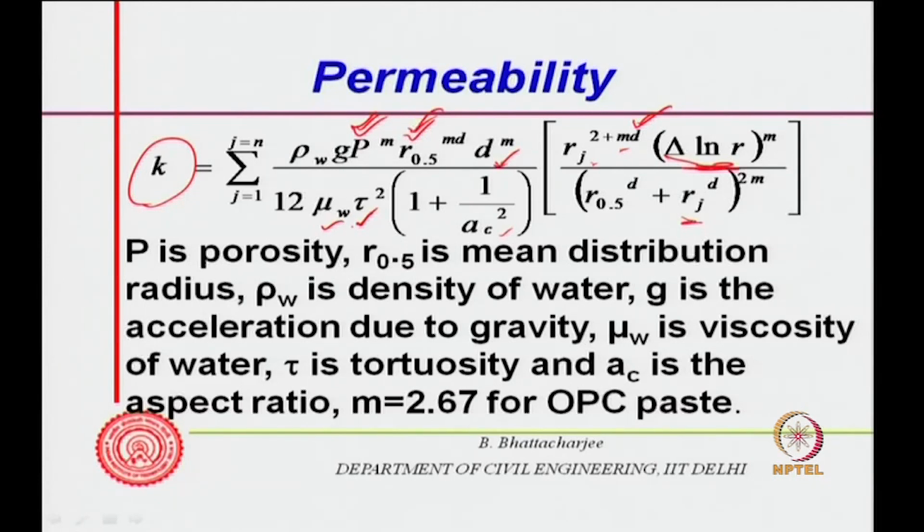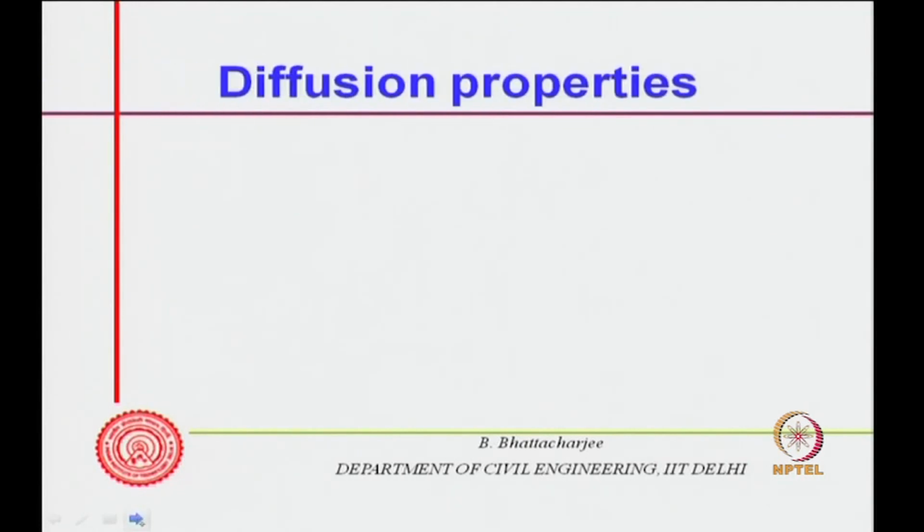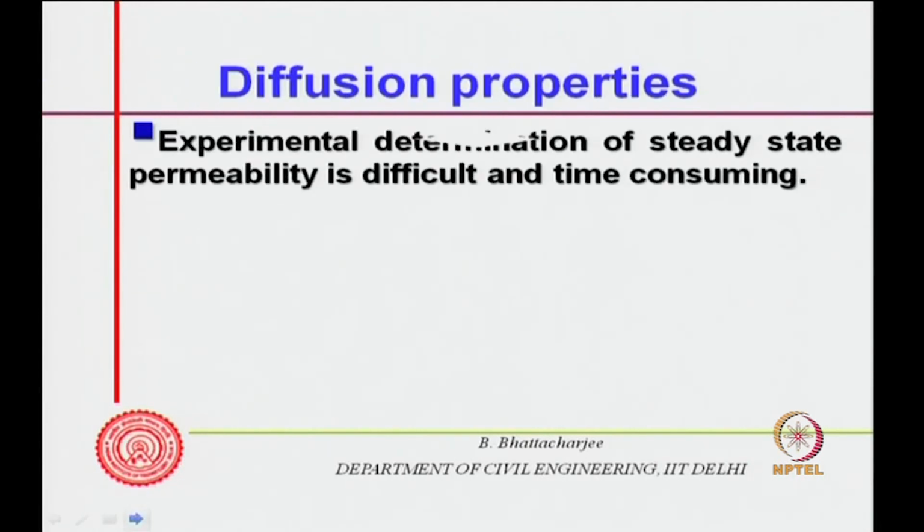Then it depends upon tortuosity, which also can be related to the material, the kind of age, etc., viscosity of water, and so on and so forth, and aspect ratio of pores, which in the simplest case can be 1 for circle.